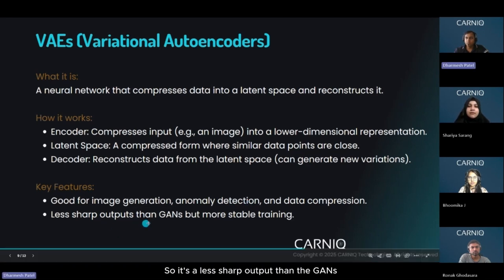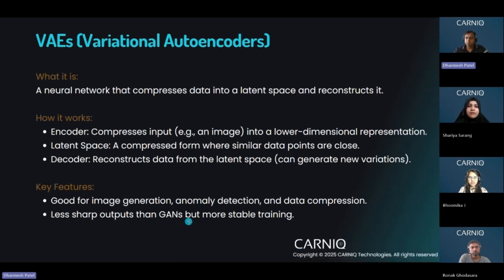It's a less sharp output than GANs, but more stable tuning, because GANs, as I was doing research, are still in the research phase, with some tools still being developed.